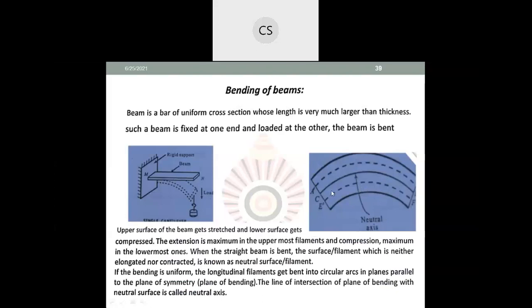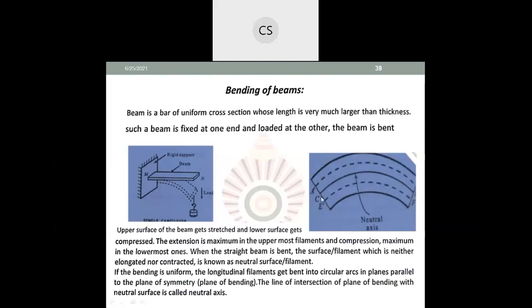So what exactly happens? The upper surface of the beam is stretched. The length of the upper surface increases, whereas the lower surface gets compressed. The length of the lower surface decreases. So that means extension is a maximum at the upper surface.